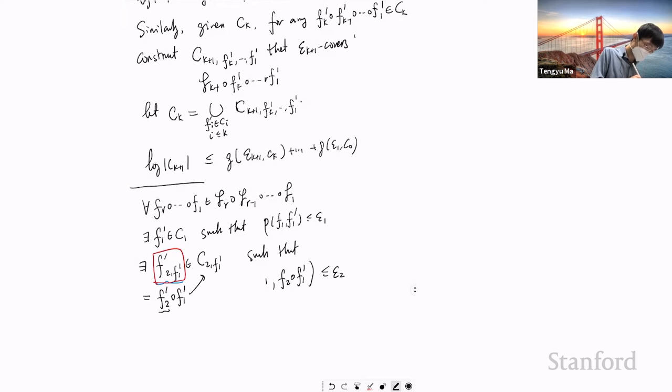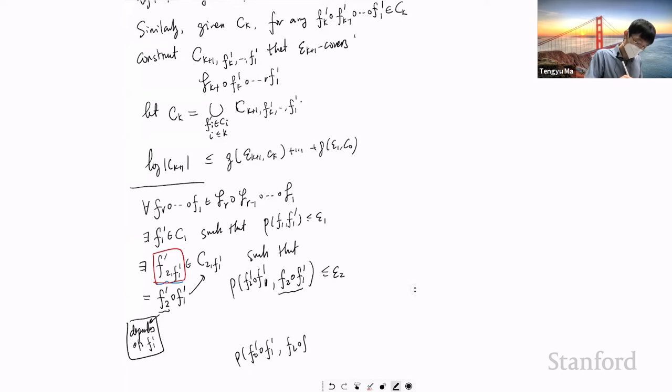But this one actually implicitly depends on f1 prime as well. But let's ignore that notation. So you get rho of f2 prime composed with f1 prime, which is close to f2 composed with f1. But this point is not what you really want to cover, because you want to cover f2 composed with f1. So what you care about is rho of f2 prime composed with f1 prime, the difference between this and f2 composed with f1.